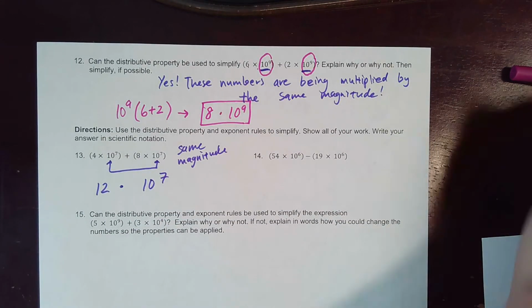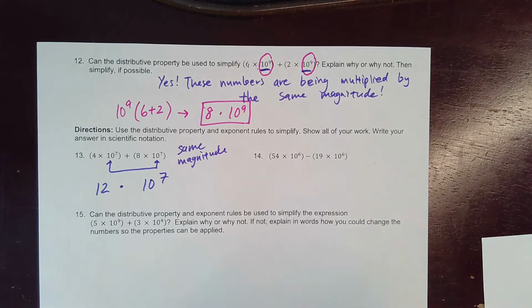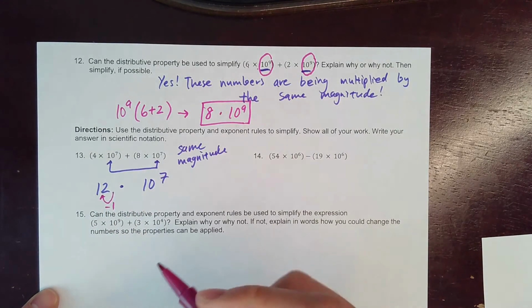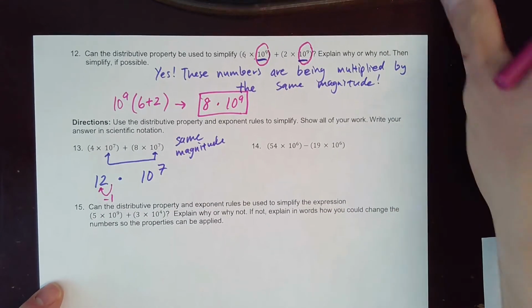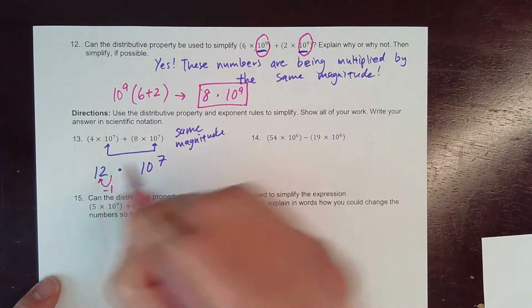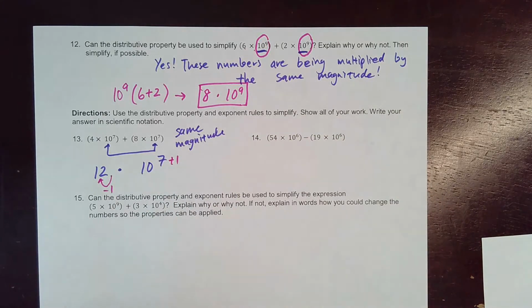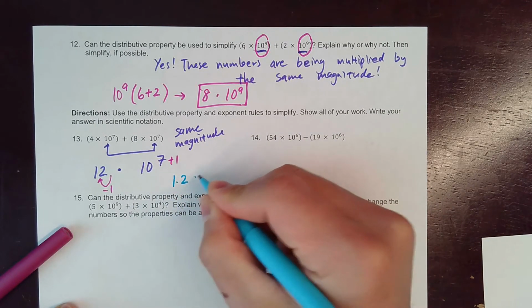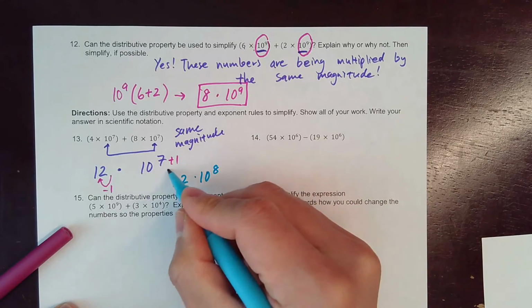So that was kind of a trick question. This is not in scientific notation, so you're going to have to move one placeholder again, fix it up. You've got to edit it a little bit. Take away a placeholder, add a placeholder. Your final answer is 1.2 times 10 to the 8th.